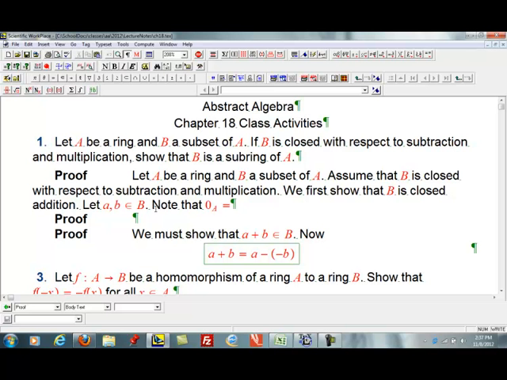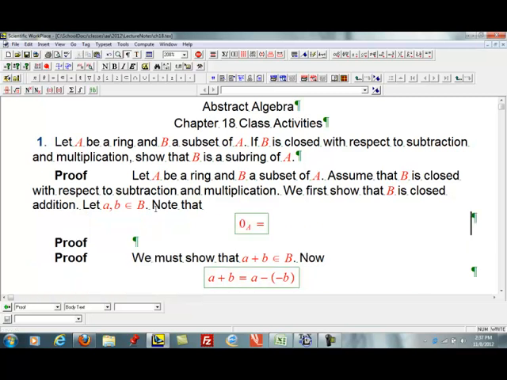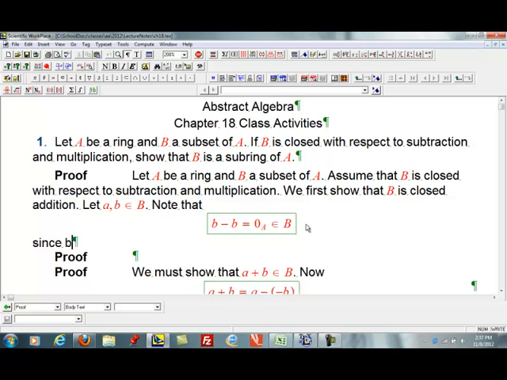B minus B? Yeah. Note that 0, the additive identity in A, is equal to B minus B. So where does that tell you that the additive identity is going to live? It has to be in B, since B is closed with respect to subtraction. B minus B lives in B, since B is closed with respect to subtraction.